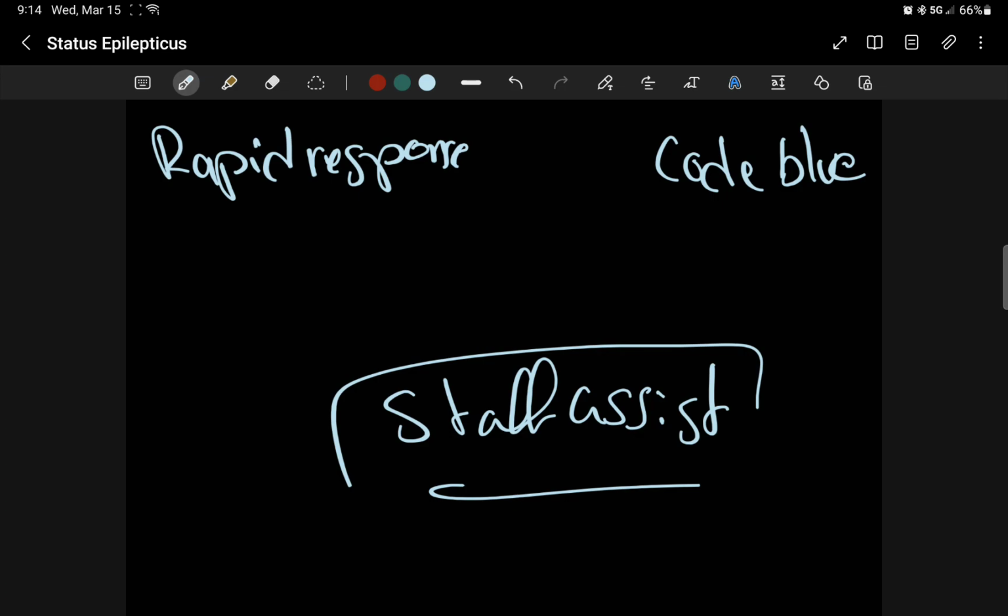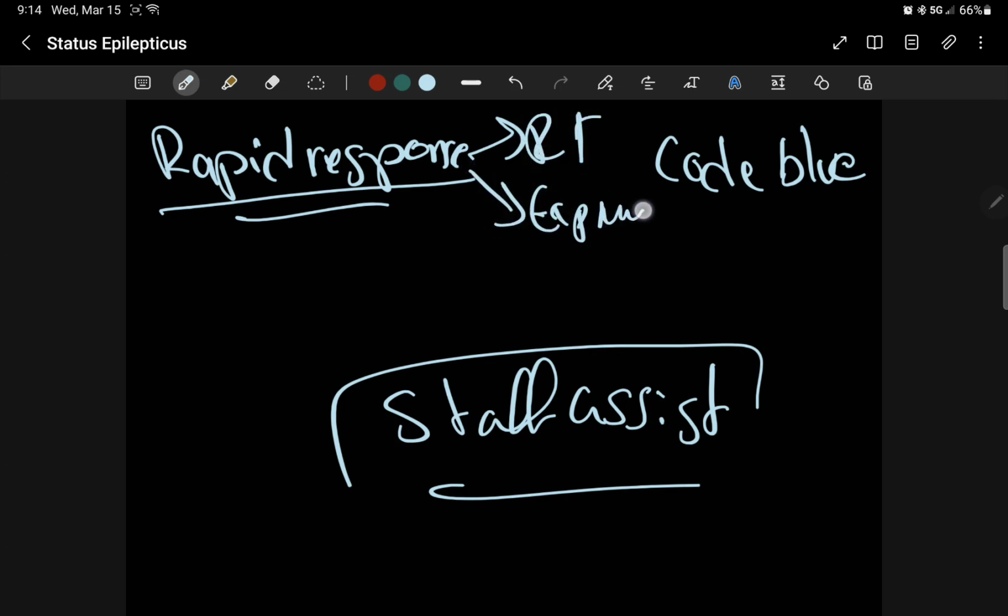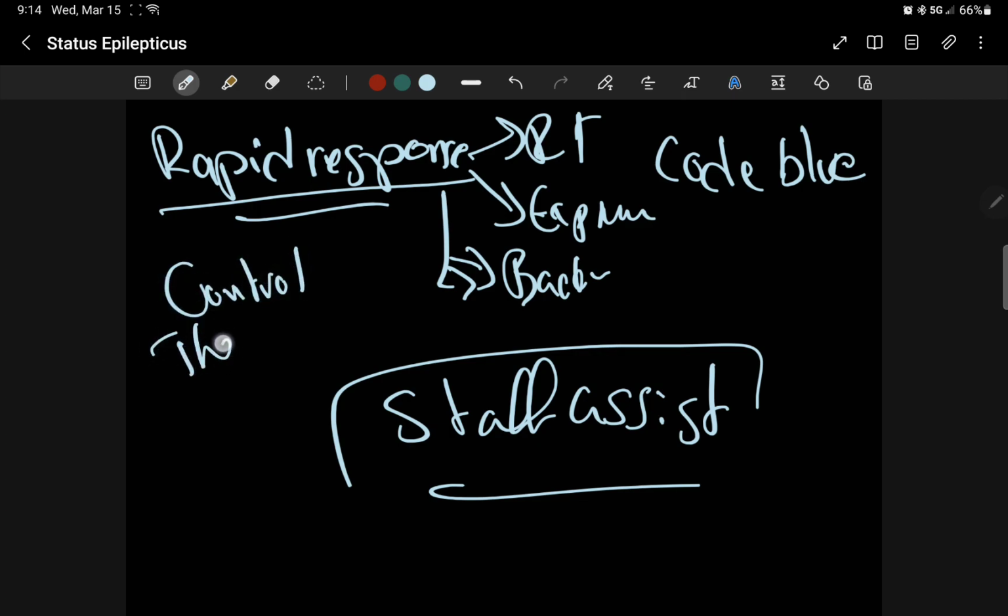Be aware that at 5 minutes, if you're anticipating that the patient is not responding to your first or second line of treatment, you need to call a rapid response. You need to call your RTs to be here. You need to call your experienced nurses that will always help you. You need to get more and more backup in the room, but control the crowd.